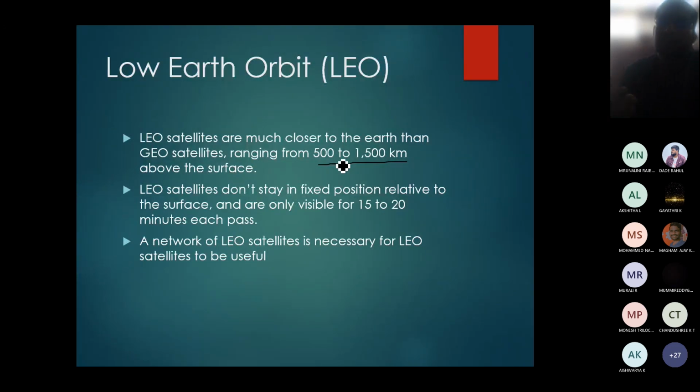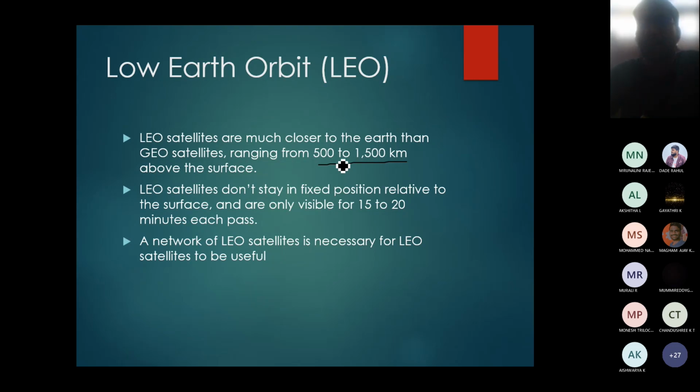But since they are very close to the surface of the Earth, not very close, because 1500 kilometers is not a near distance. When we are traveling by flights, our flights are moving at an altitude of around 10 to 11 kilometers from the surface of the ground.